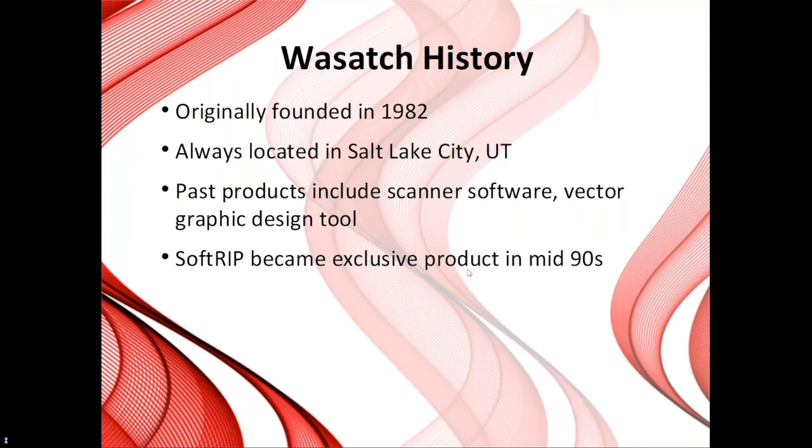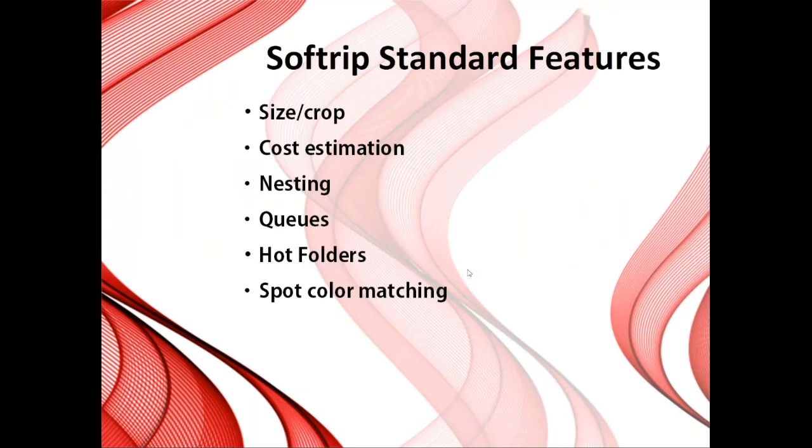Okay, RIP software is basically software that helps analyze and interpret different files, PDFs, JPEGs, TIFFs, etc., different file formats in different color spaces, RGB, Pantone, CMYK, etc. So we help translate all of that information coming in into language that the printer understands. Okay, that was really the origin of RIPs, and over time we've developed production tools just to make it easier for you to print and be more efficient.